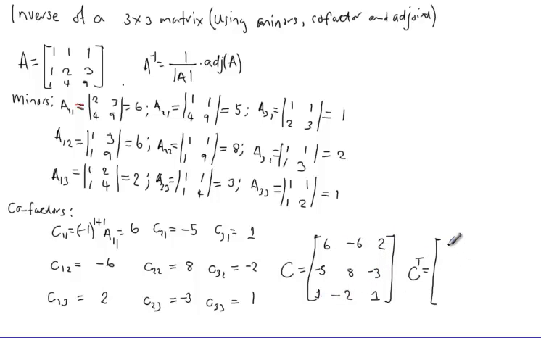Then you can see that's going for C, 6, minus 6 and the 2. Then minus 5, 8 and the minus 3. Are we together, guys? Are you sure? My sister, are you there? Okay. Then last one, you can tell me yourself.